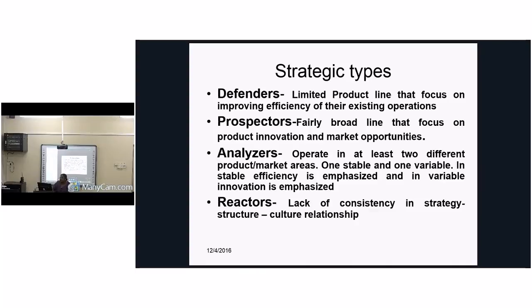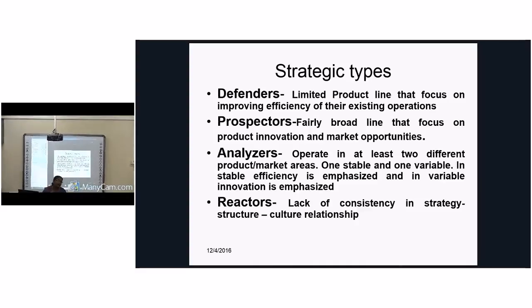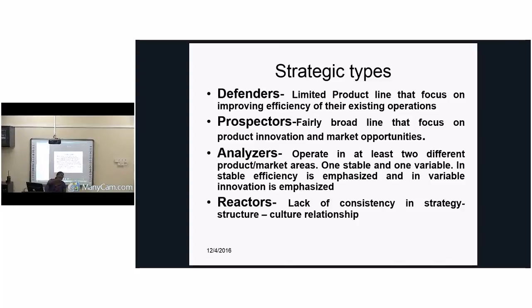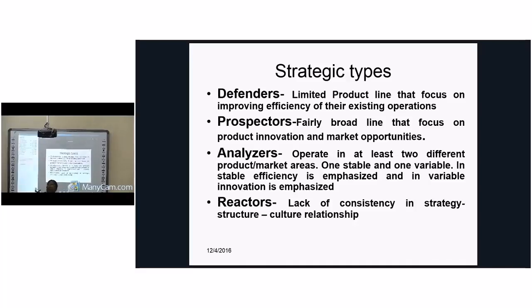Then analyzers operate in at least 2 different product areas or market areas. While having powder milk products, they also have some other product, tea and powder milk. So they have at least 2 different markets or product lines.